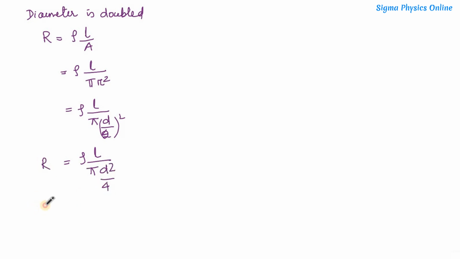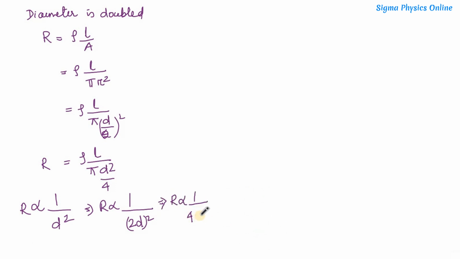So here we see that the resistance of this wire varies inversely as the square of the diameter. Now if the diameter is doubled, we get R varies inversely as 1 by 2d whole square. So R will vary inversely as 1 by 4d square.